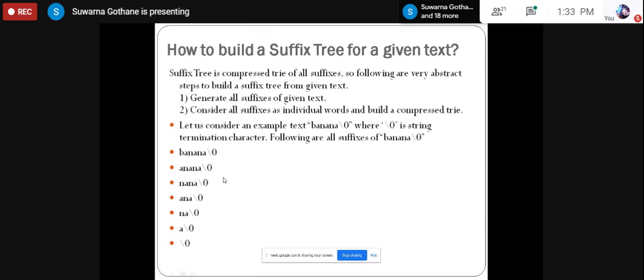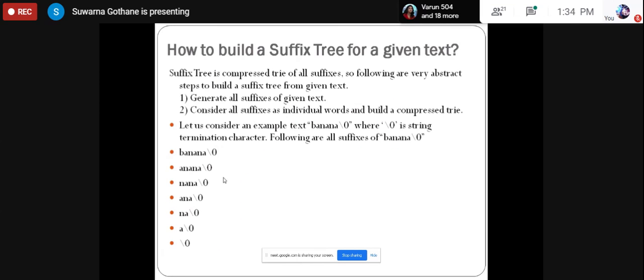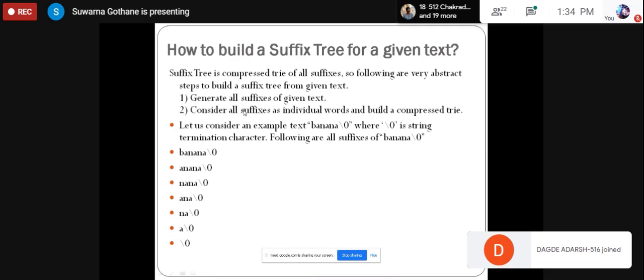So we are going to eliminate the characters one by one, and then the middle one we are able to trace out. The pattern can be easily found. From the suffixes we have obtained, we require to build the suffix tree. The steps are: generate all the suffixes of the given text, which we have done here, and the second step is to build a trie from all these suffixes.